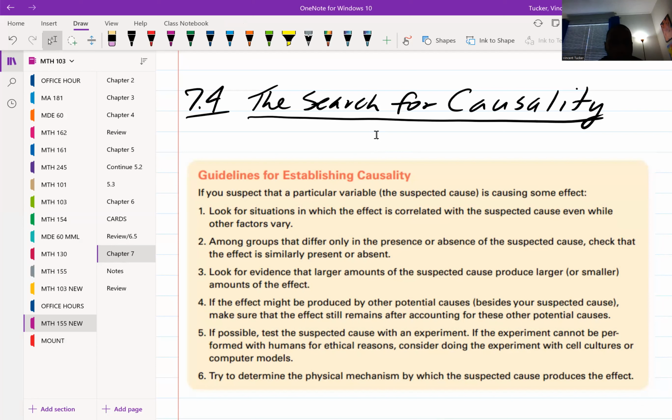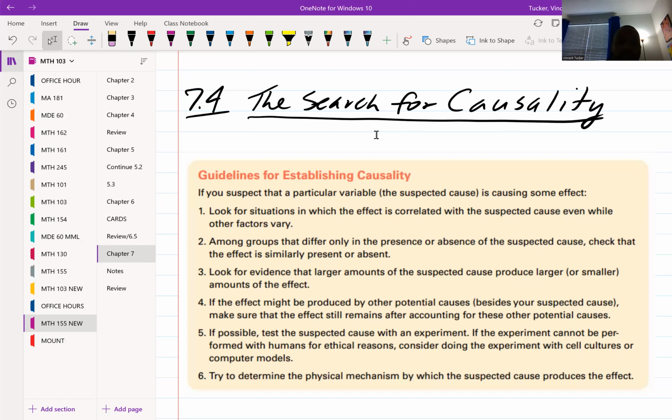So if you suspect that a particular variable is causing some effect, it says first look for situations in which the effect is correlated with the suspected cause, even while other factors vary. Two, among groups that differ only in the presence or absence of the suspected cause, check that the effect is similarly present or absent.